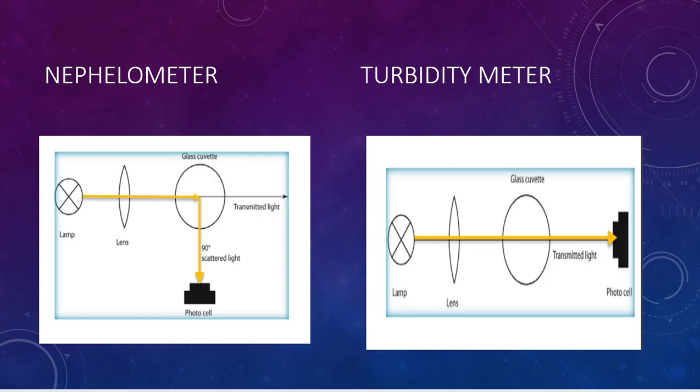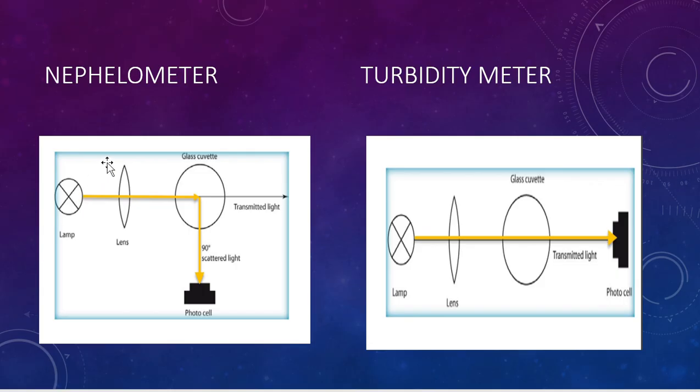The basic difference between them is that the detector in a nephelometer is at 90 degrees to the sample, while in the turbidity meter the detector is at 180 degrees. In a nephelometer, we measure the scattered light, while in the turbidity meter we measure the transmitted light. When the concentration of a sample is low, we use a nephelometer, while when the concentration is high, we use the turbidity meter.